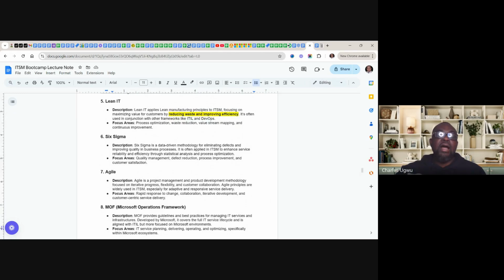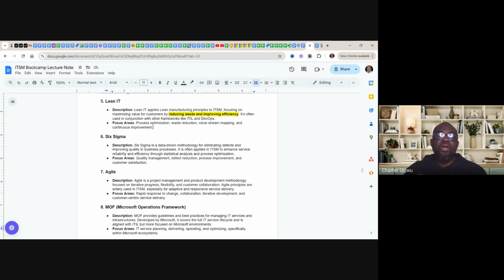Then we have Agile. Agile is a very popular project management framework. It is a project management and product development methodology focused on iterative processes, flexibility, and customer collaboration. Agile principles are widely used in ITSM, especially for adaptive and responsive service delivery.